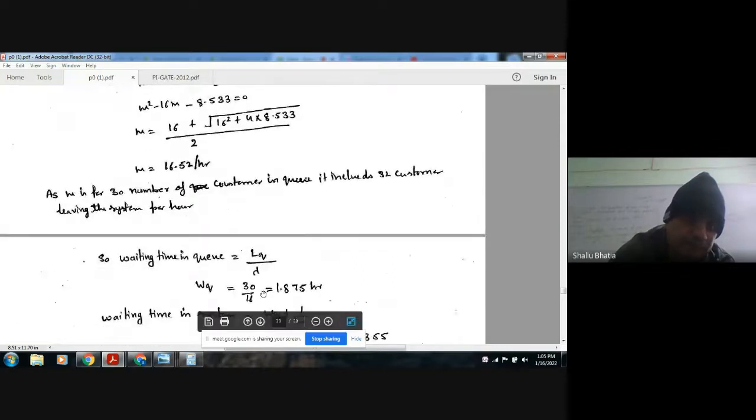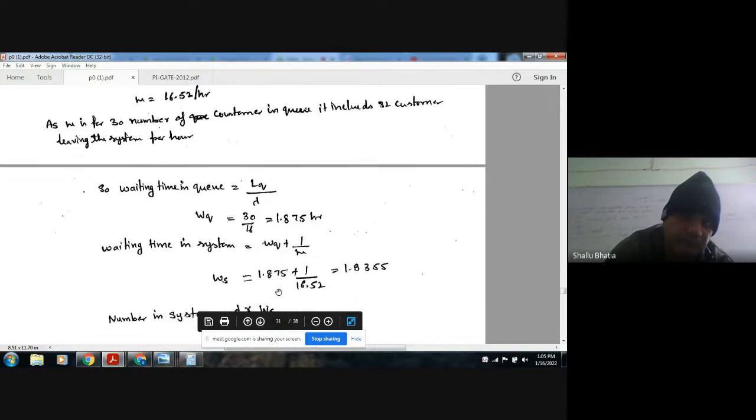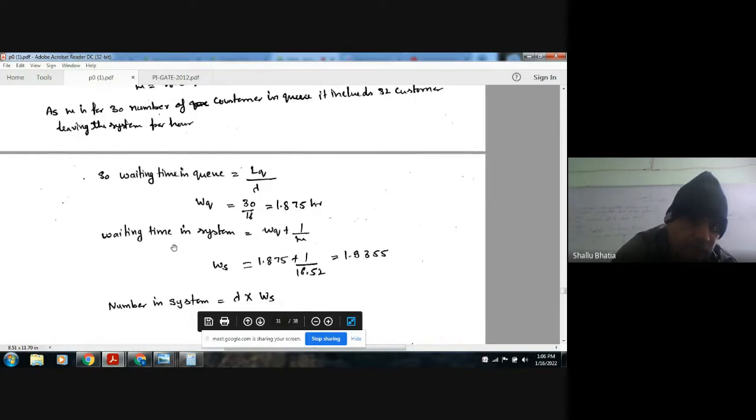So this is the waiting time for each person. This is the length of queue, and this is the arrival rate, so this is the waiting time in queue. The waiting time in system is WQ plus 1 by the service rate, which comes to 1.9355.